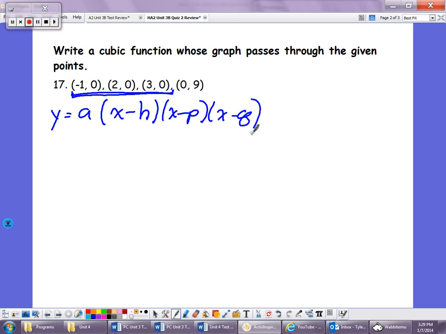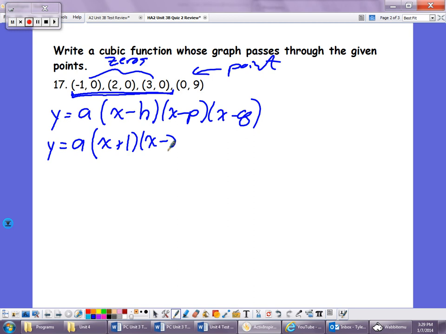We have h, p, and q. So I can go ahead and plug that in because these here are my zeros. This here would just be a point that I can plug in then to solve for a. So you would get y equals a, x plus 1, x minus 2, x minus 3.